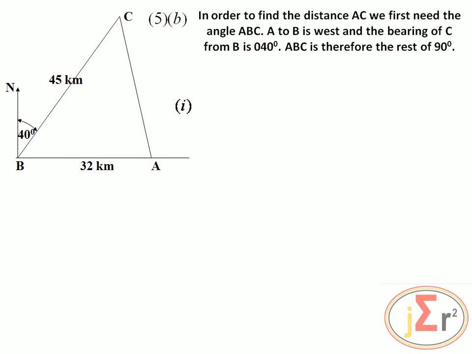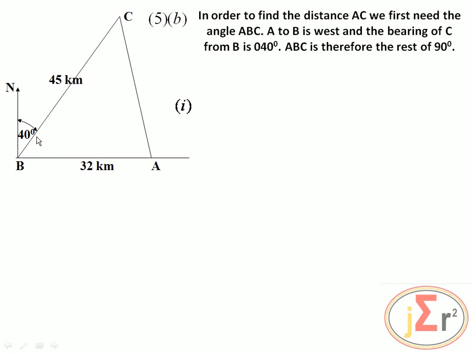However, it is not difficult for us to determine, because here we have, what here? 40 degrees. And we have our north line. And we are sure that A is east of B. Therefore, this angle is 90 degrees.